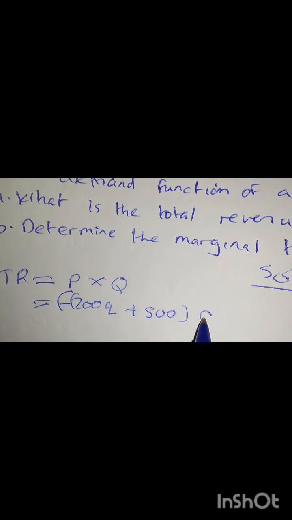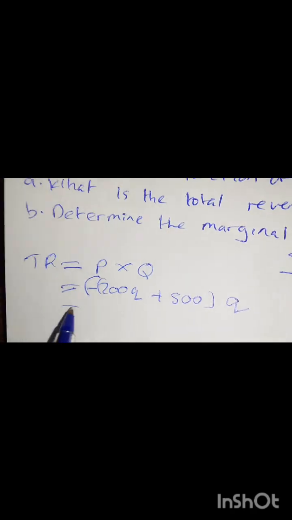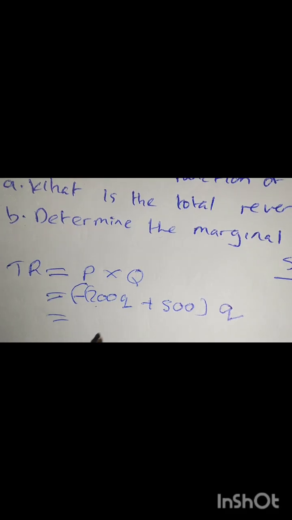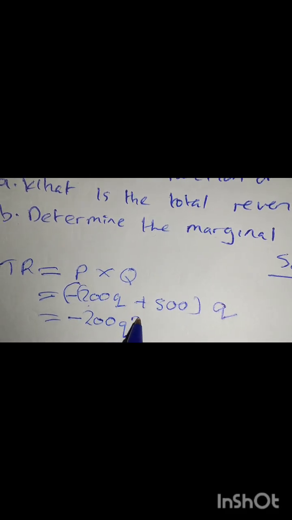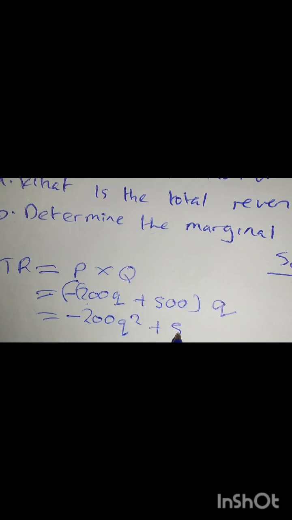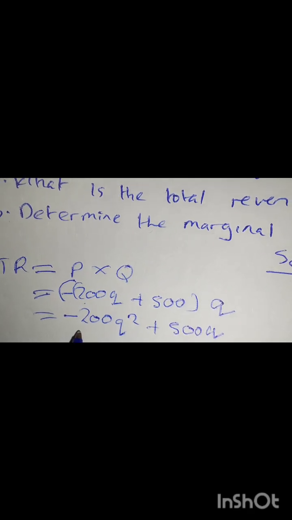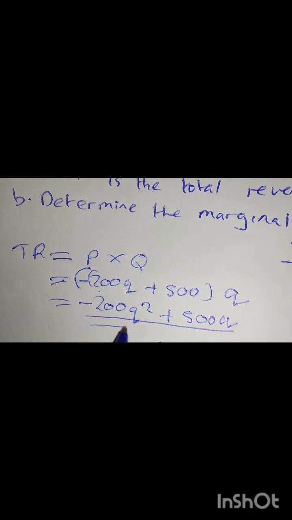Multiplied by what? By quantity, which is Q. So negative 200Q times Q will be negative 200Q squared plus 500Q. So this is our total revenue function.